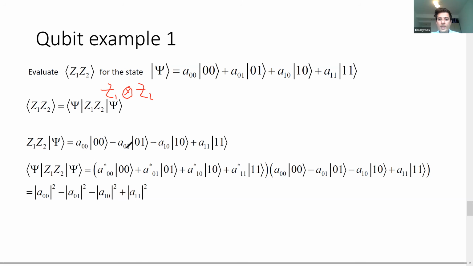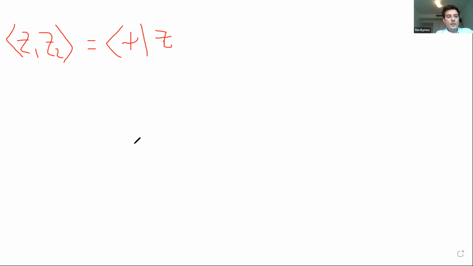Okay, so I've basically got the answer right there on the sheet, but let me attempt to go through it. This is what I would normally do in class, but my writing here is a bit compromised. So the thing that we want to calculate is the average of Z1 Z2. This is just according to the formula, Z1 Z2 and then the tensor product.